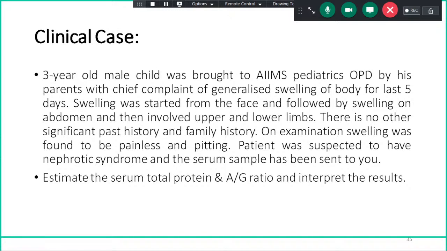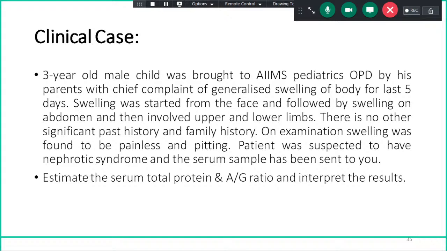Here is a clinical case in which a 3-year-old male child was brought to the AIIMS pediatrics OPD by his parent with the chief complaint of generalized swelling of the body for the last 5 days. The swelling started on the face, followed by swelling of the abdomen, and then involved the upper and lower limbs. There is no significant past history or family history.